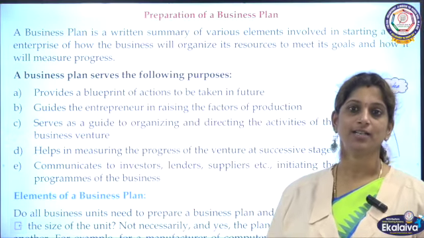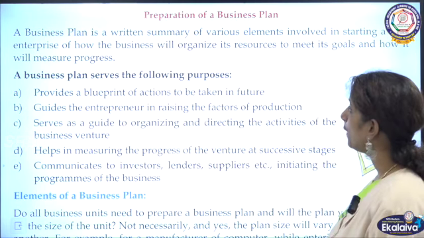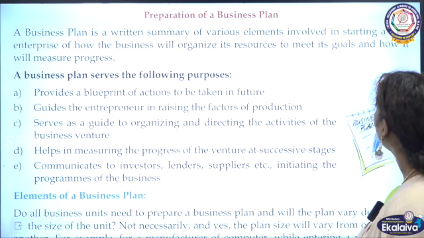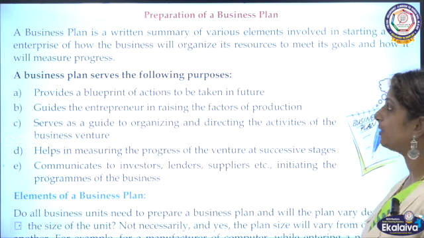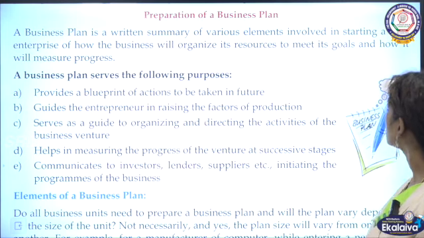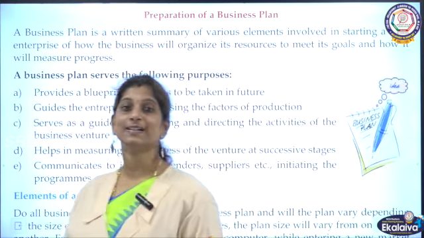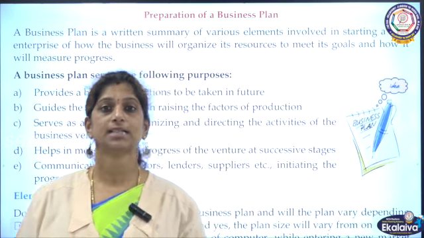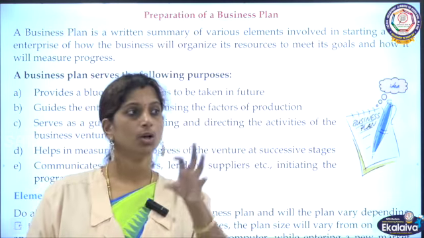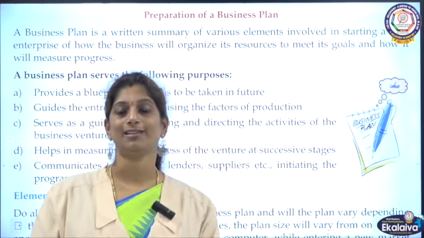Now we are starting with a topic, preparation of a business plan. A business plan is a written summary of various elements involved in starting a new enterprise, of how the business will organize its resources to meet its goals and how it will measure progress. So, it is a written summary on what we are going to do in the course of business, how it will be carried out, who will do this work, and who is going to supervise all of it.